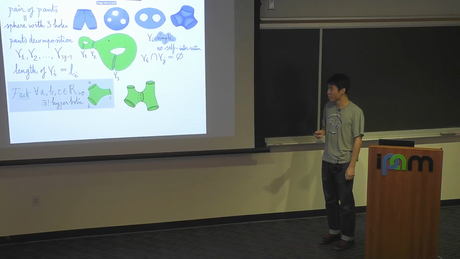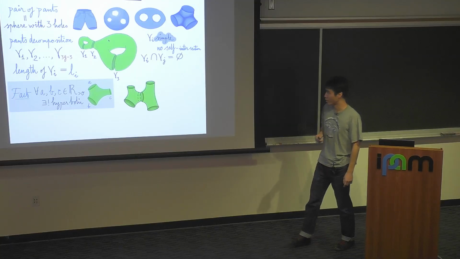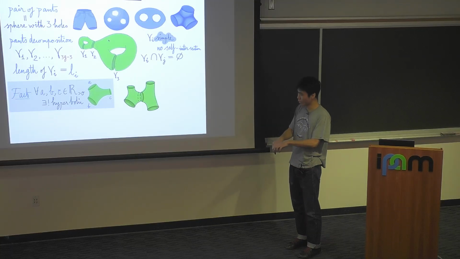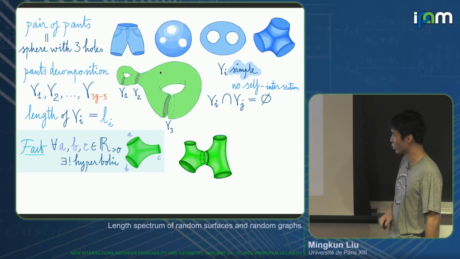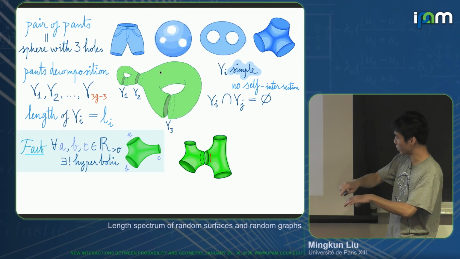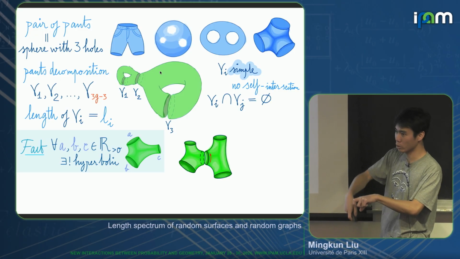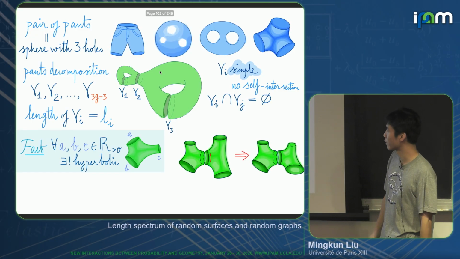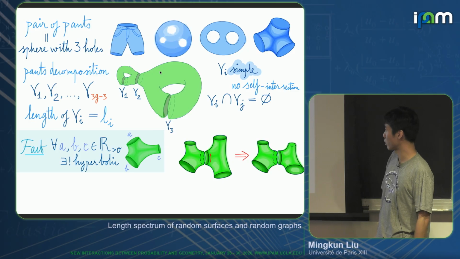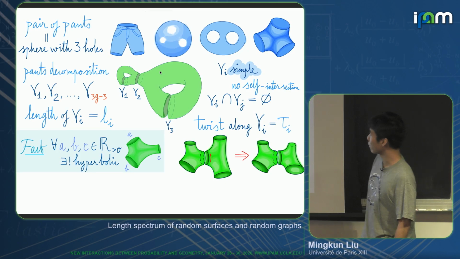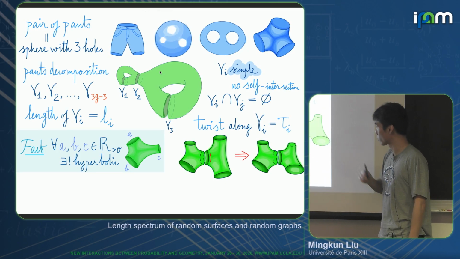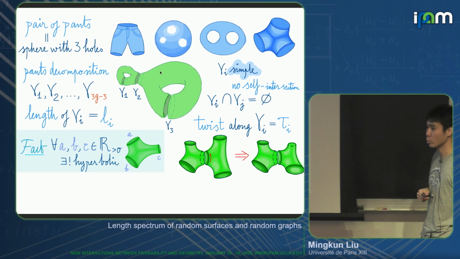But there is still another thing. When you glue together 2 boundary components of 2 pairs of pants, or the same pair of pants but two boundary components, you can glue this directly, or you can twist a little bit one of them and then glue them together. This gives you another hyperbolic structure, and so there is another parameter to fix, and this is called the twist parameter.